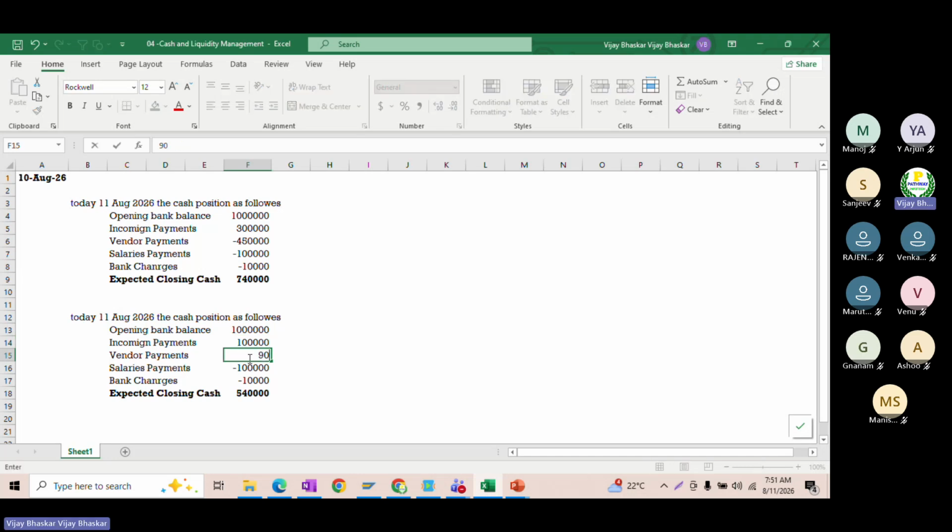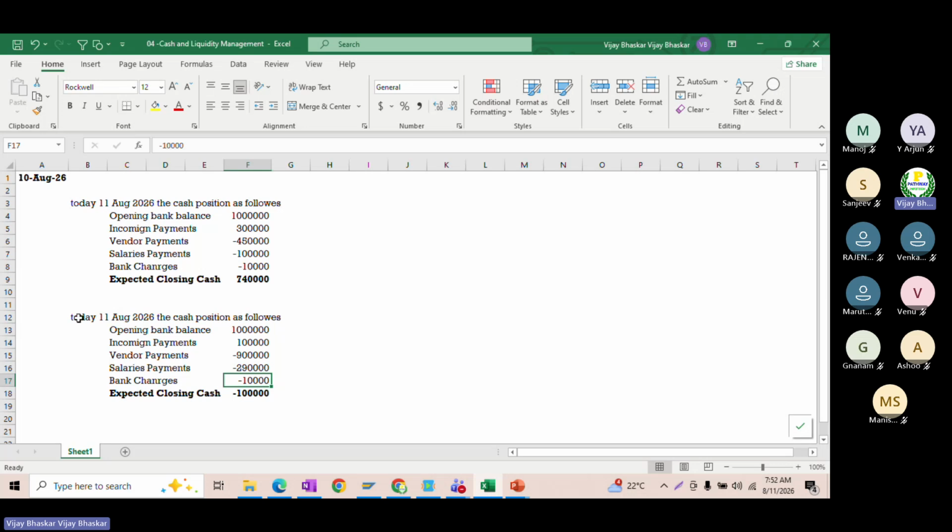Now let's say, let me make this in this way. Now you could see what is happening here.